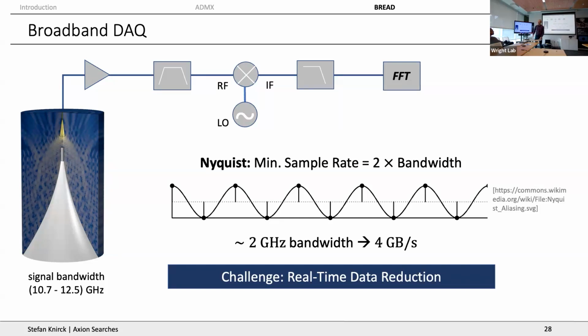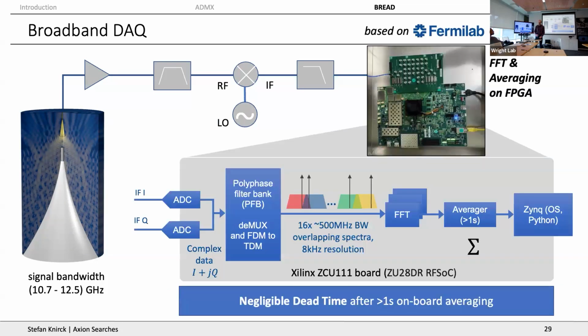That's obviously a lot of data, and you need some real-time data reduction scheme, which we developed with Fermilab engineers on the Xilinx ZCU111 FPGA board. The idea here is that we take data in parallel with this polyphase filter, take the 4 gigasample ADC of the board, calculate the FFTs in parallel, and then square them and add up the power spectra in the memory of the FPGA board.